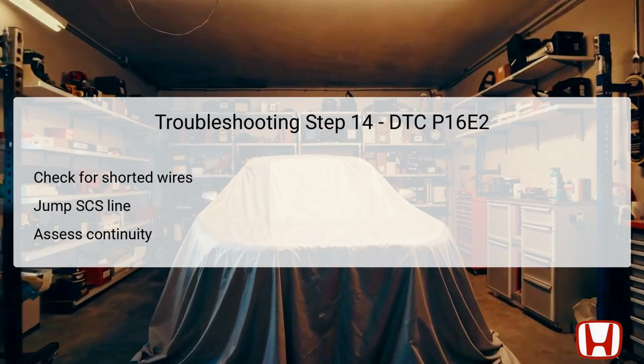Step 14 continues with checking for potential shorted wires associated with the LIN bat sensor LIN line, in relation to DTC P16E2. As per previous routines, initiate the process by jumping the SCS line with the HDS, again allowing for an effective waiting period.